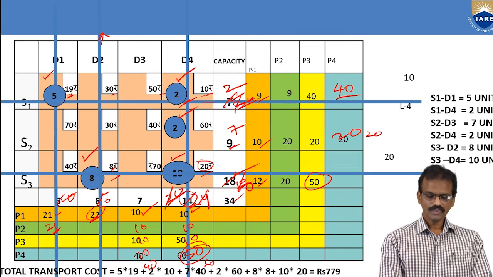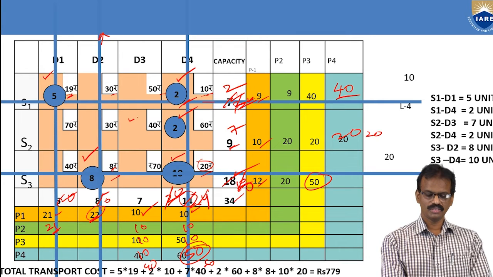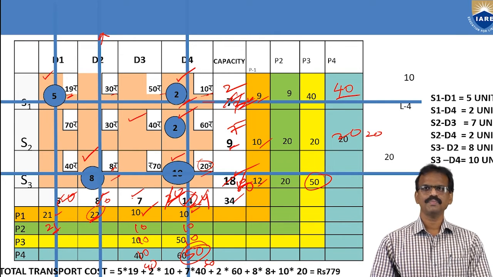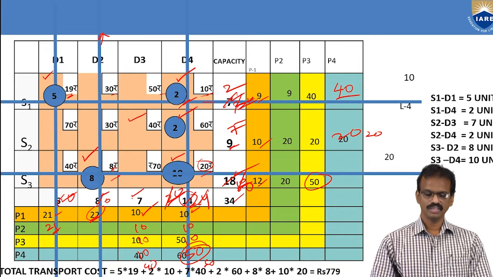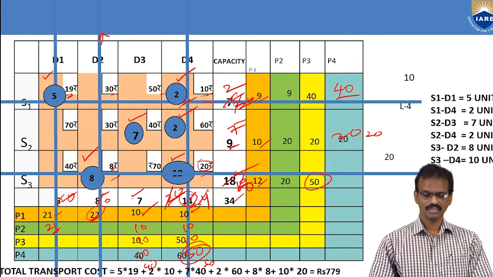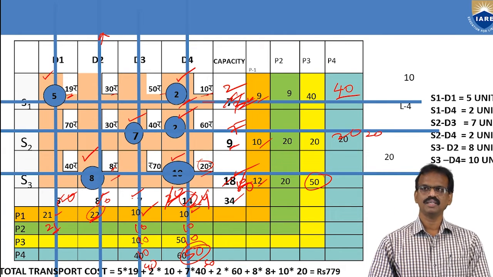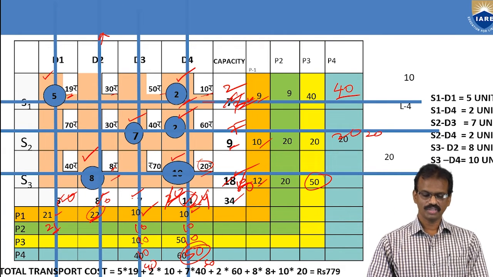Okay. The remaining cell is the last cell. So this value also is 7, this value also 7. So then you can allocate the 7 here directly. If you allocate 7 here, automatically those column and row both will be cancelled. This is the allocation process.